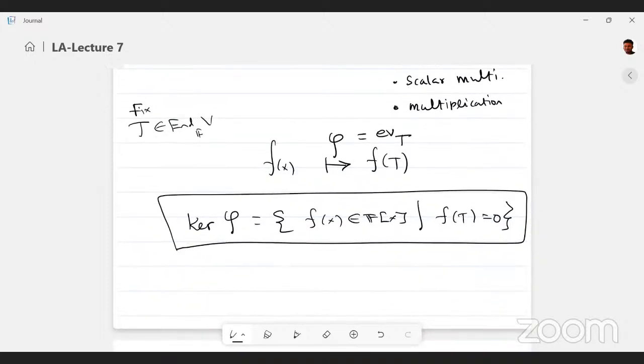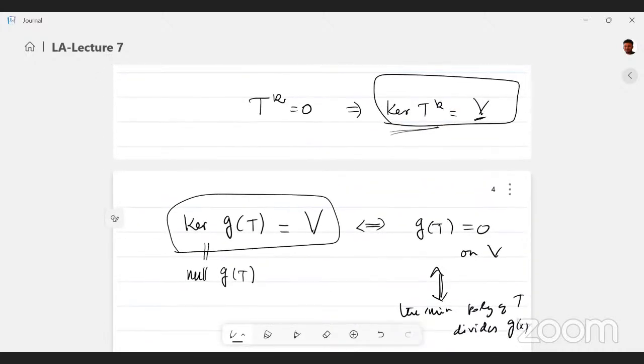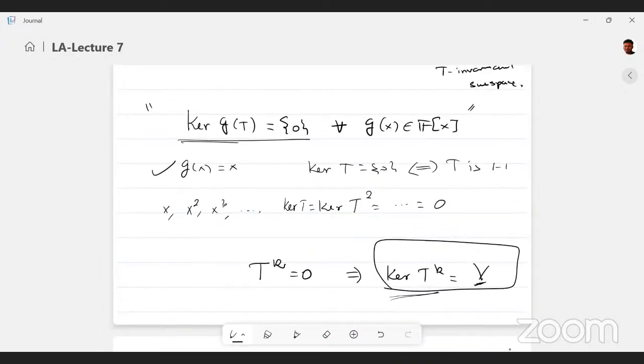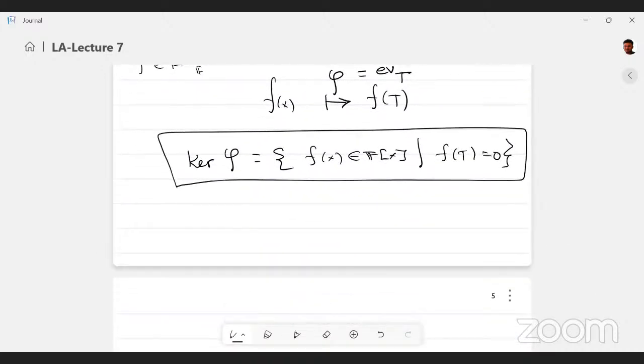Now let me reinterpret the statement that we were looking at.